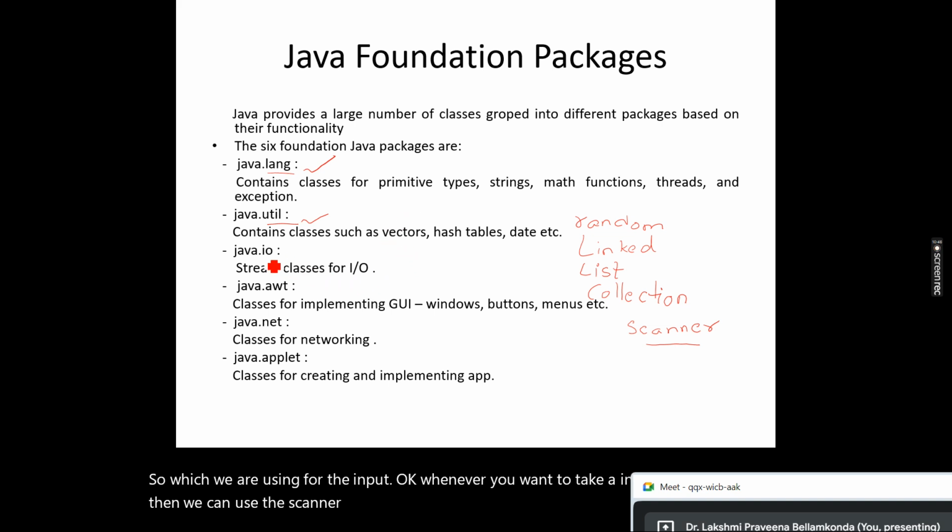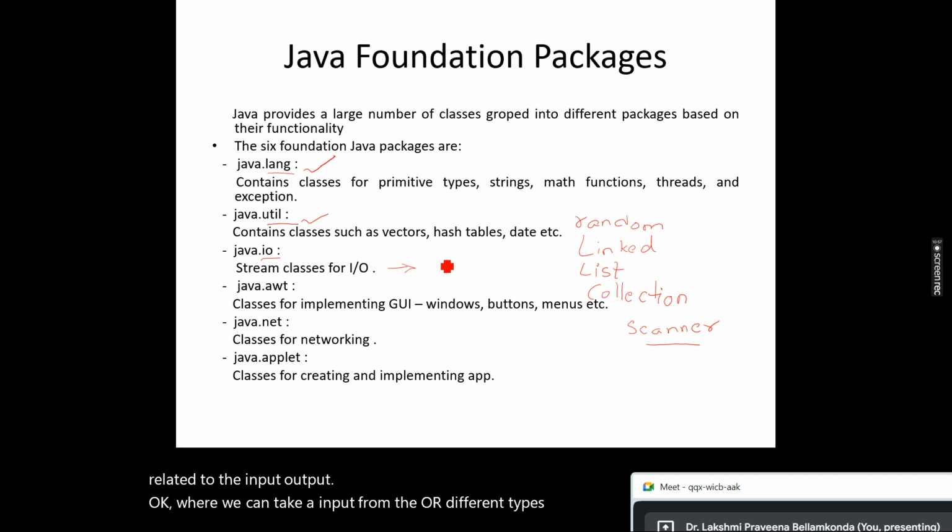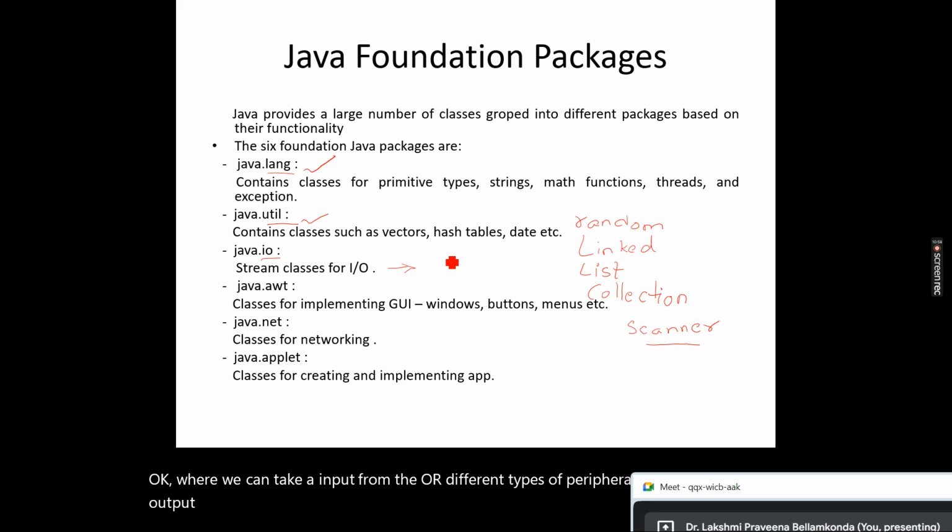There is one more package, the IO package, which is related to input output, where we can take input from different types of peripherals, and we can give the output to different types of peripherals. It contains the different input output stream related classes, which we can call the IO stream classes.